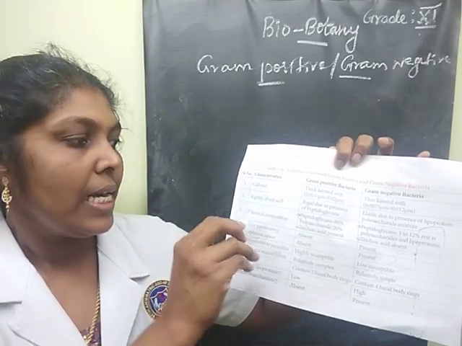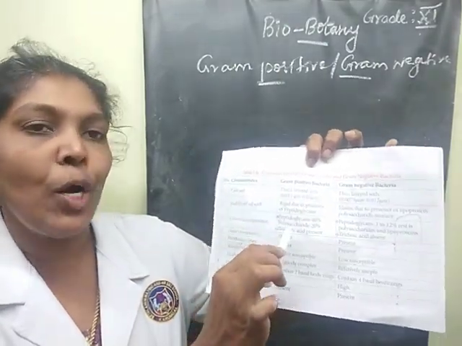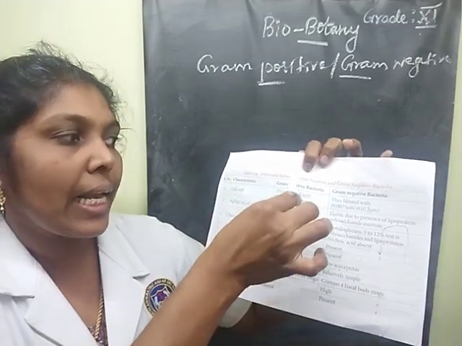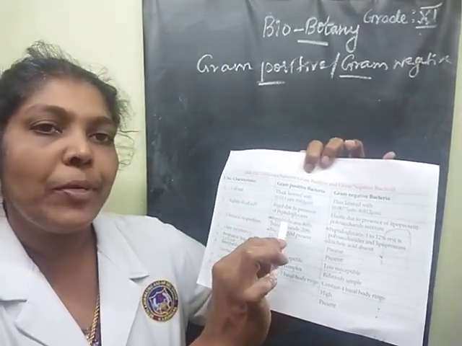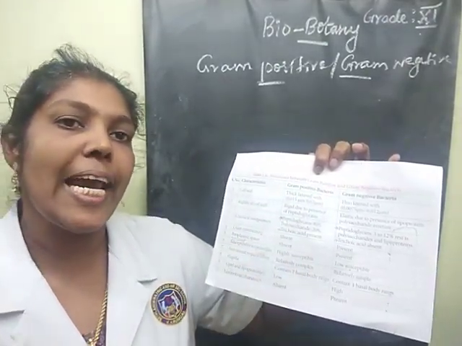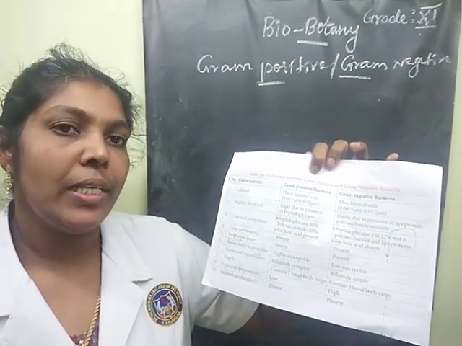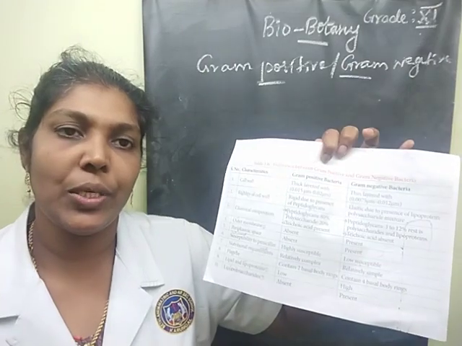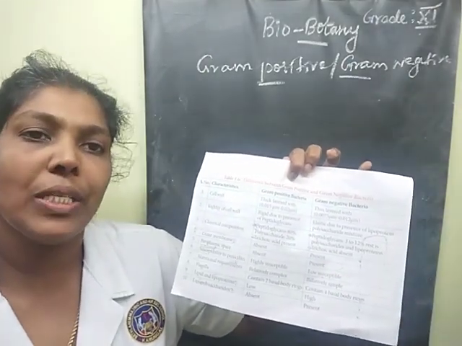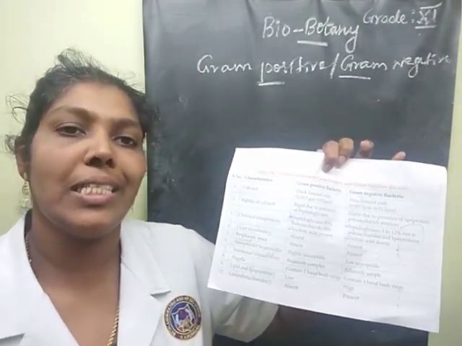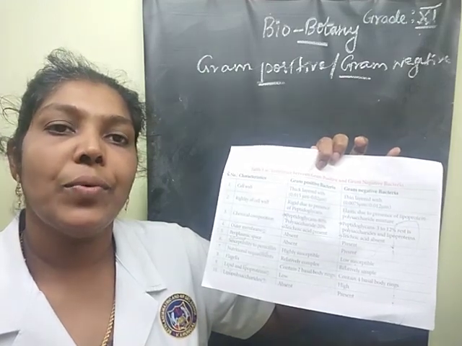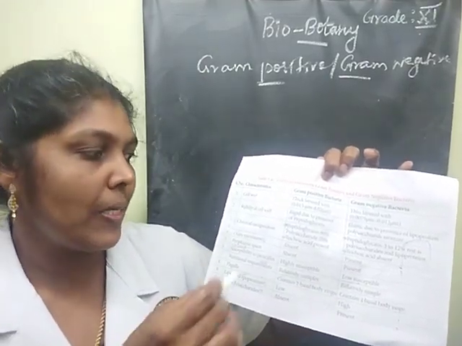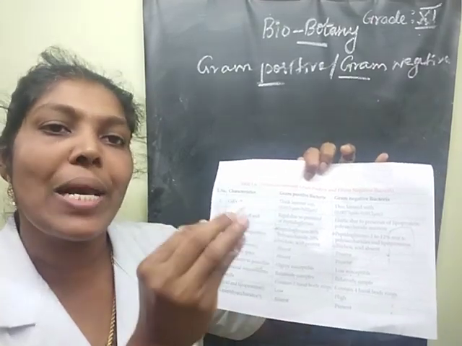Clear? Yes. The next one is the chemical composition. What chemical substances are present there? In gram positive bacteria, peptidoglycan is present at 80%, and the remaining 20% is polysaccharide. Teichoic acid and teichuronic acid are also present. These are the chemical substances in the cell wall of gram positive bacteria. Clear?